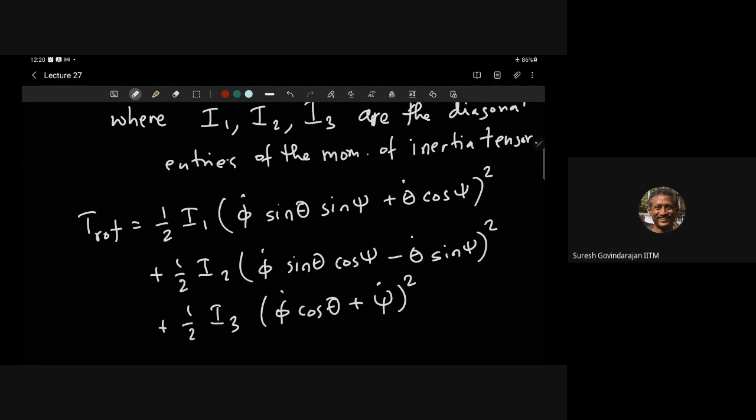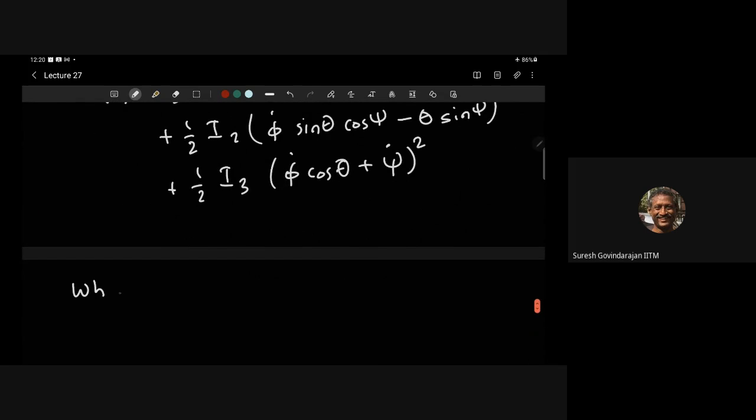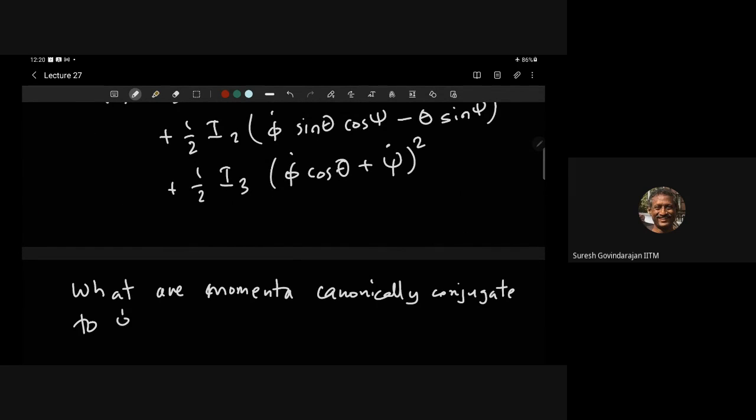Now we would like to find out, for instance, the canonically conjugate momenta to psi and theta.